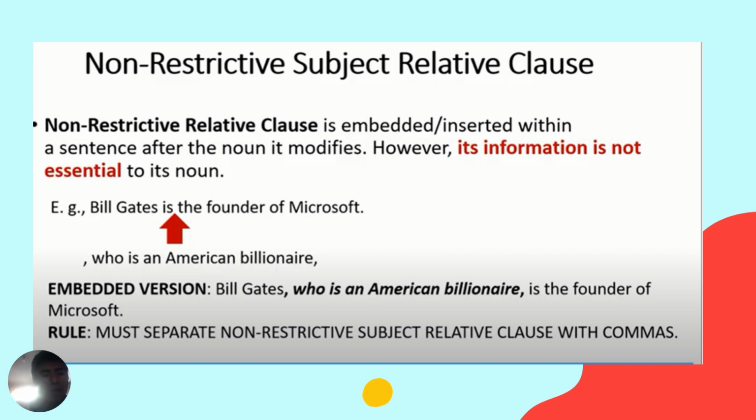For example, Bill Gates is the founder of Microsoft. This one can stand alone. Now we can introduce additional information about Bill Gates, which does not have to restrict our noun. The clause will come right after the subject.